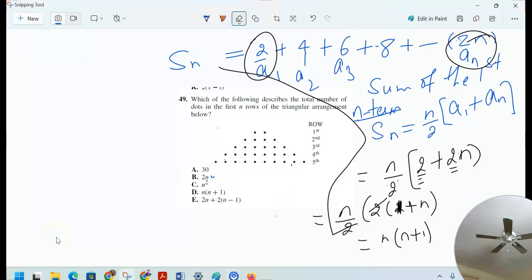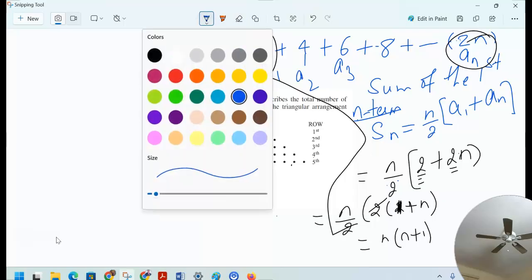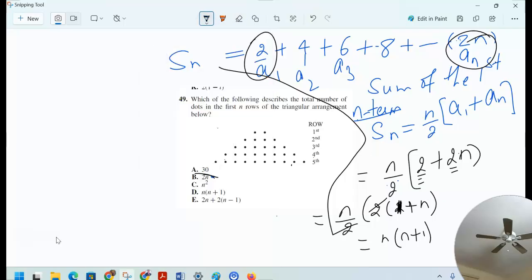Now, B, the second, they give you 2n, right? So this 2n cannot be the sum, because 2n basically represents each row. Suppose I put 1, so this is 2 times 1 is 2.